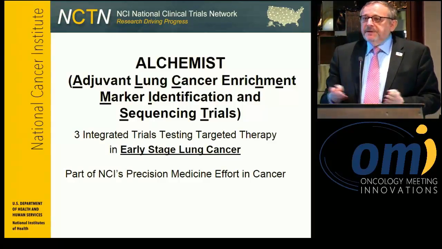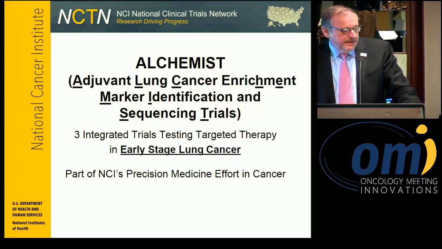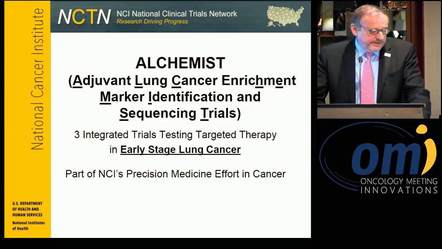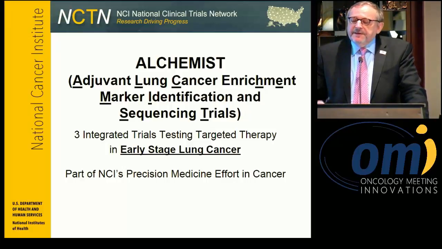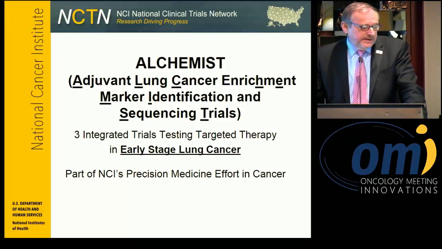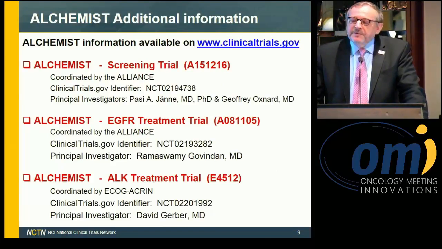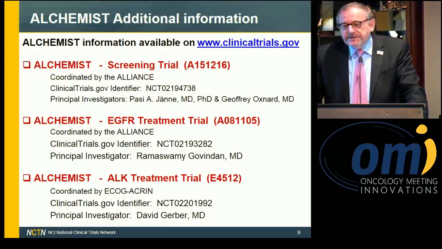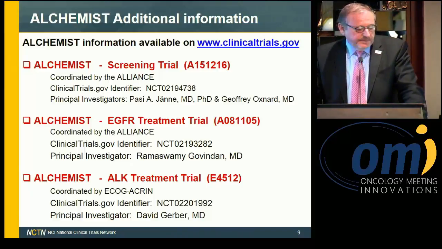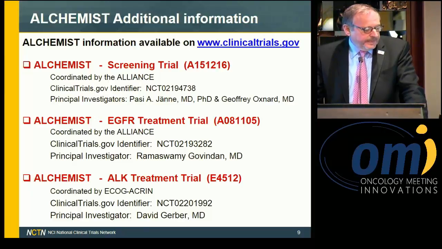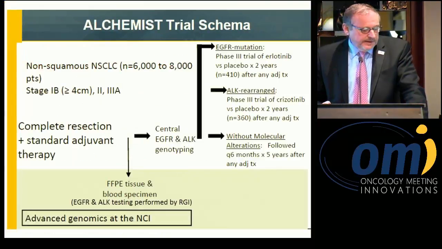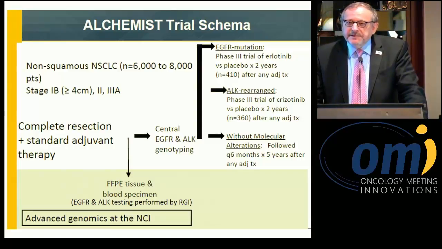Now, ALCHEMIST has been described earlier in this meeting by several presenters, so I don't want to go into detail here. That is for early stage lung cancer, and the concept here is to screen a large number of patients. I think it is around 8,000 patients planned to be screened by NGS technology for multiple mutations, and then connected to some clinical trials.